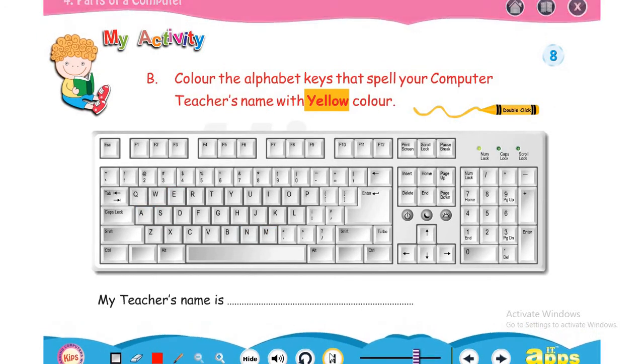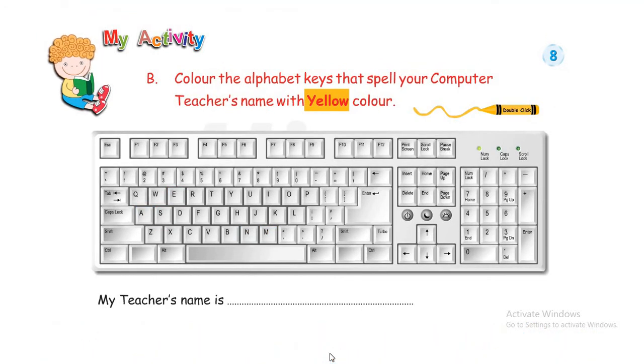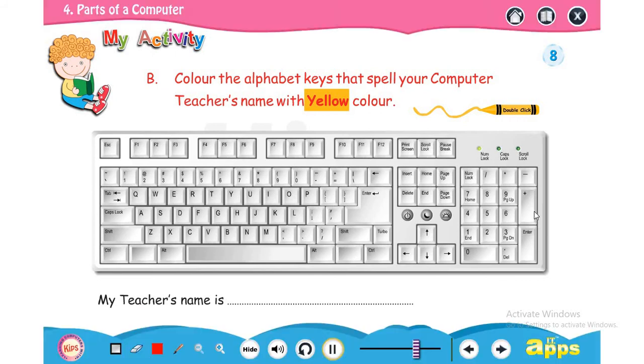Color the alphabet keys that spell your computer teacher's name with yellow color. Okay, all of you know my name. My name is Tejashri. So you have to write Tejashri teacher and take a yellow crayon and color the Tejashri keys.